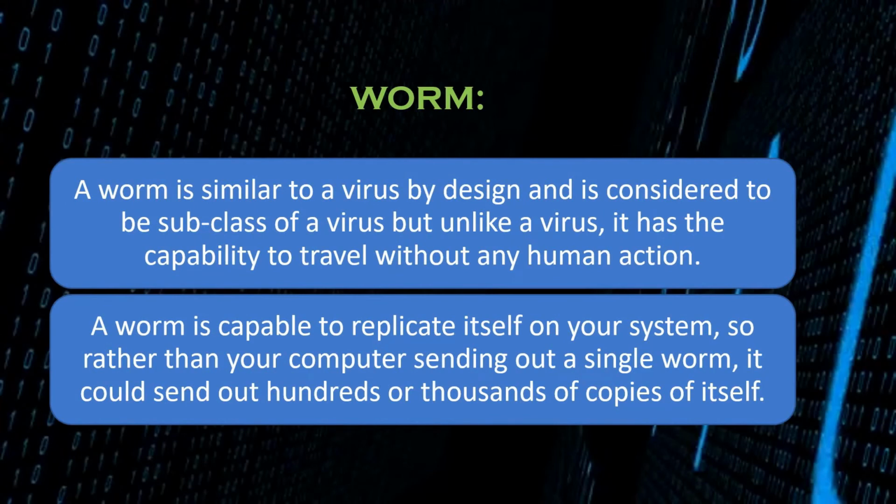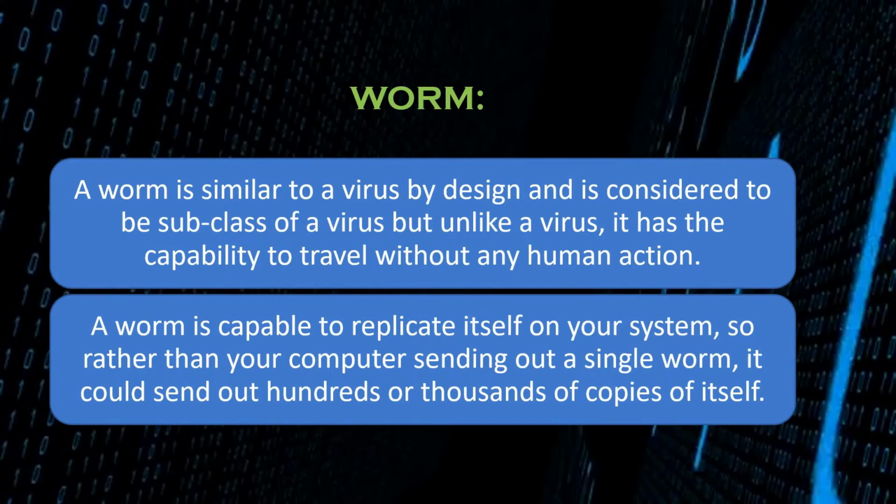So now, worm. A worm is similar to a virus, and it's considered to be a subclass of a virus, but unlike a virus, it has the capability to travel without any human interaction. A worm is capable of replicating itself on your system. So rather than your computer sending out a single worm, it could send hundreds or thousands of copies of itself.